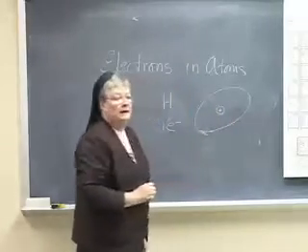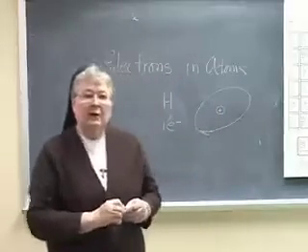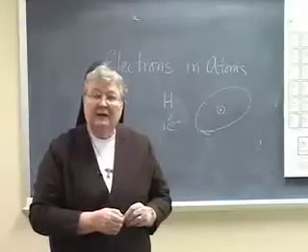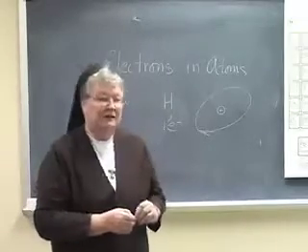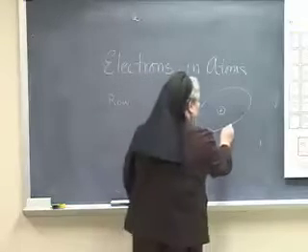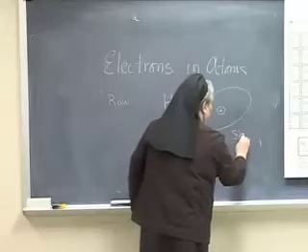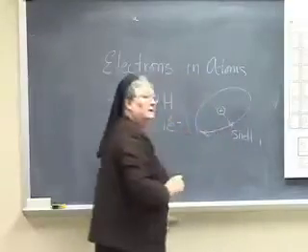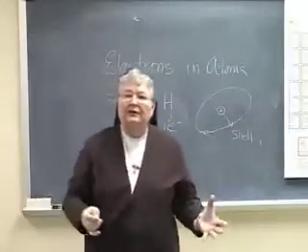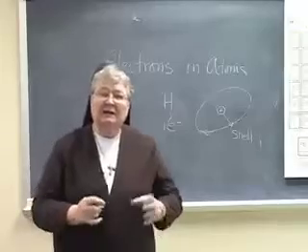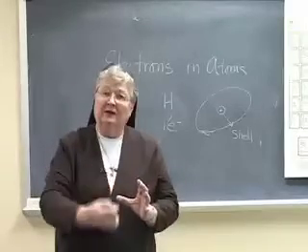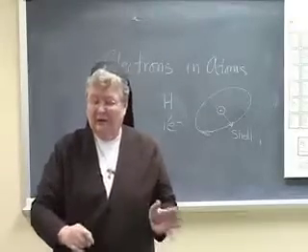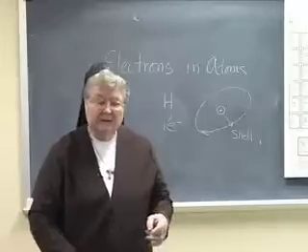That electron is going around it in what we call the first shell. A shell is a certain average distance from the nucleus. So in the first shell, the electron is very happy.